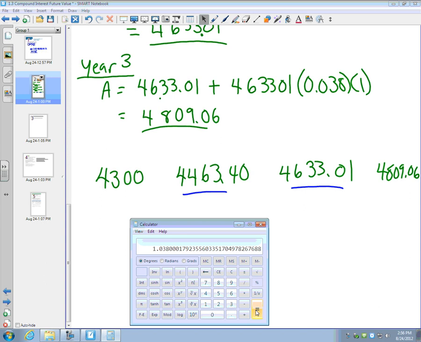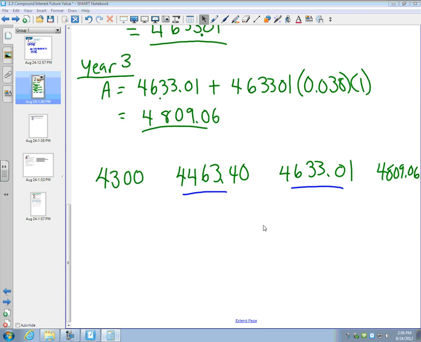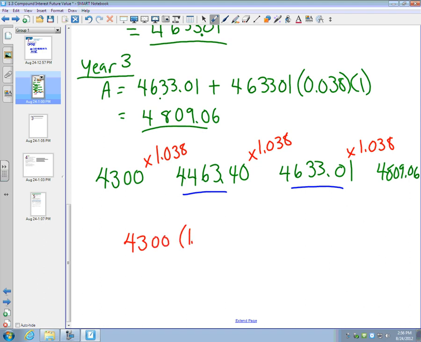And guess what? If we did the last one, we'd get the same value as well. So in other words, what I'm doing is I'm going times 1.038, times 1.038, times 1.038. I could have said 4,300 times 1.038 to the power of 3 gives me year 3.